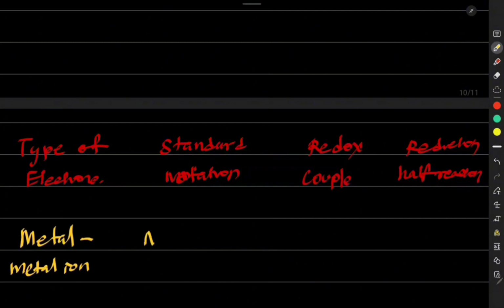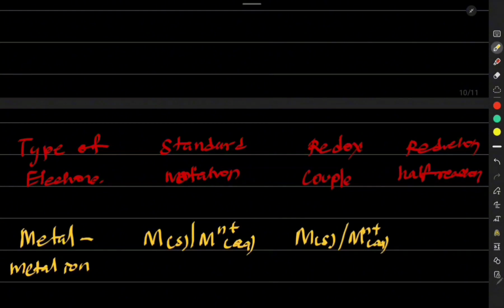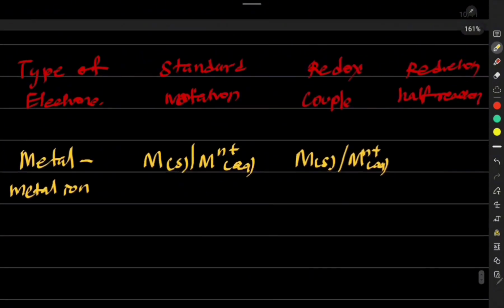Standard notation can be written as, if we consider the metal in the interface, M n plus aqueous, and the redox couple is metal solid and metal ion. The reduction half reaction is M n plus aqueous plus n electrons into M solid.